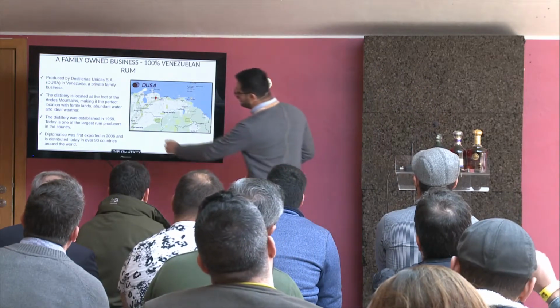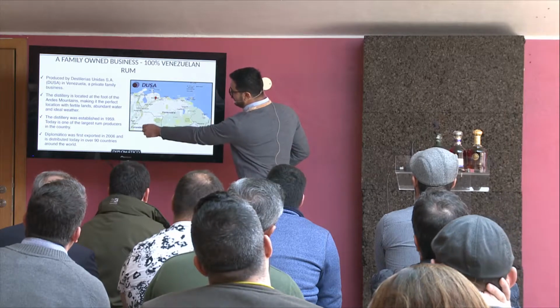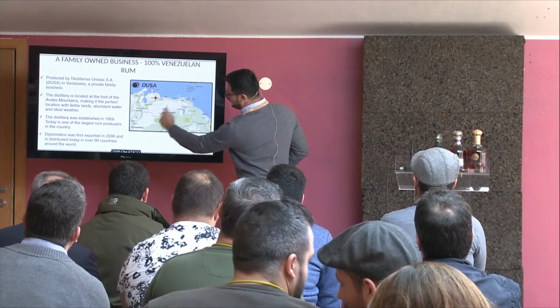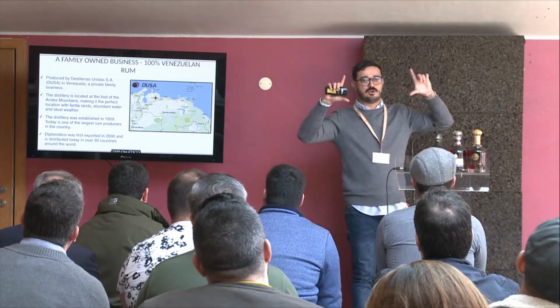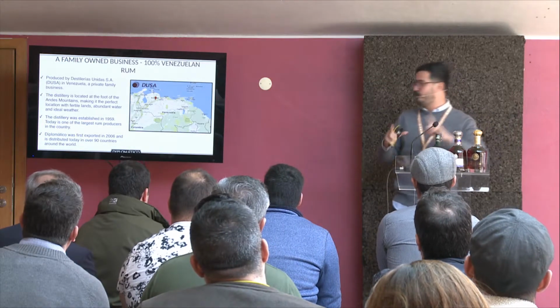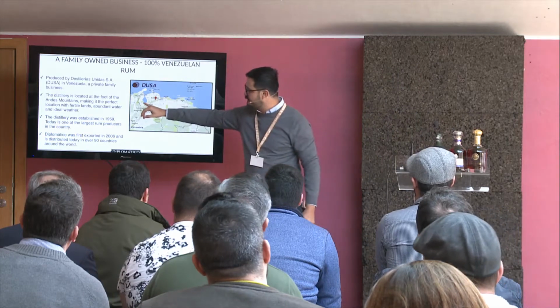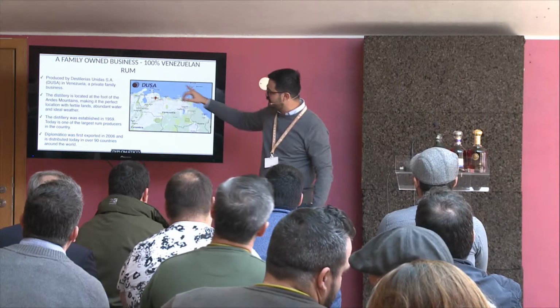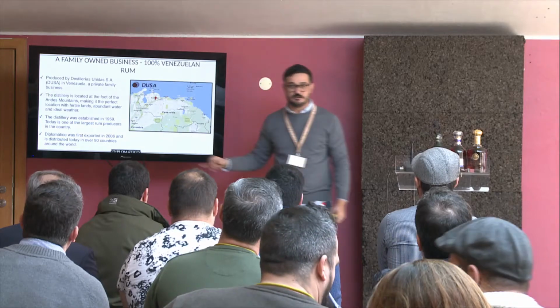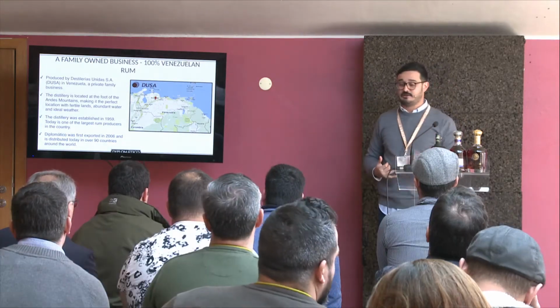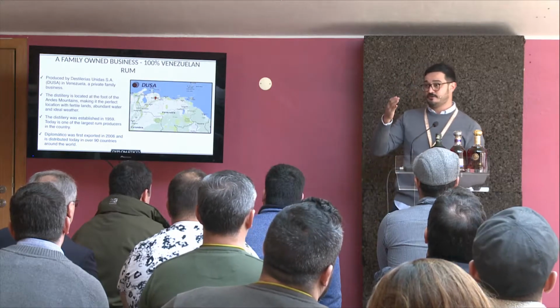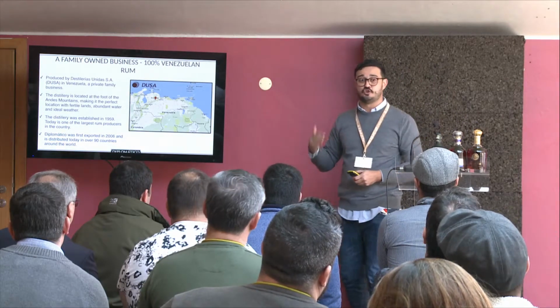You have here the beginning of the Andes Cordillera, the Caribbean Sea, and the Amazonian jungle. Can you imagine a huge triangle? We have a microclimate with cold winds from the Andes Cordillera, heat from the Caribbean, and humidity from the jungle. So it's a perfect place for aging and producing sugar cane. Diplomatico produces its rums with sugar cane molasses and sugar cane honeys.